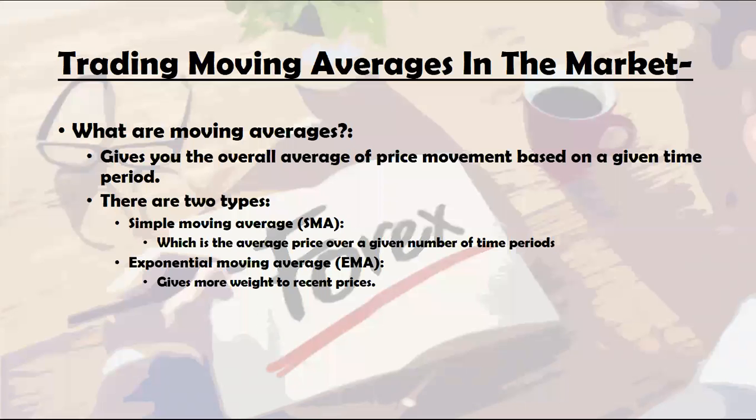And then the exponential moving average, also known as EMA, gives more weight to recent prices. So the EMA gives you more of a general overview of where price is going in the short term, while the simple moving average is more over the long term. It takes multiple time periods to give you the average of how price is moving.